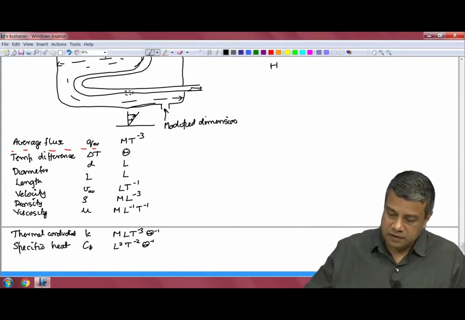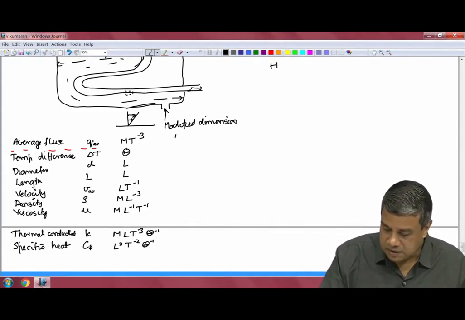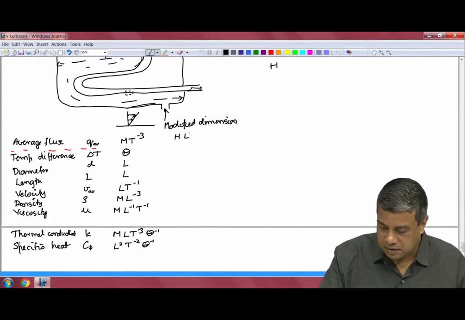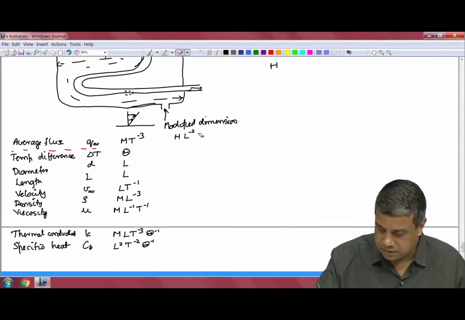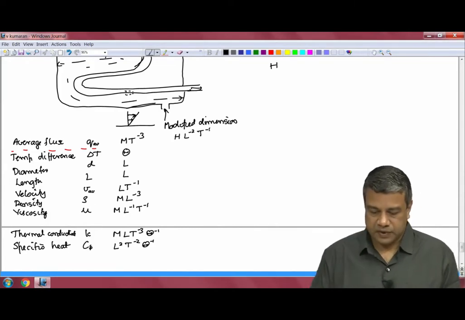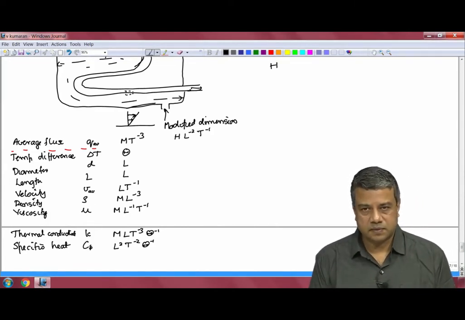Therefore, in this modified dimension, the heat flux has the dimension of thermal energy transported per unit area per unit time.